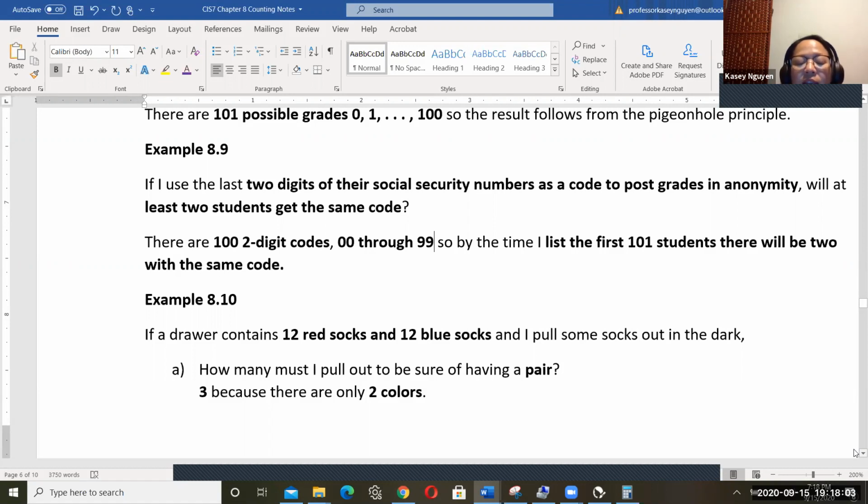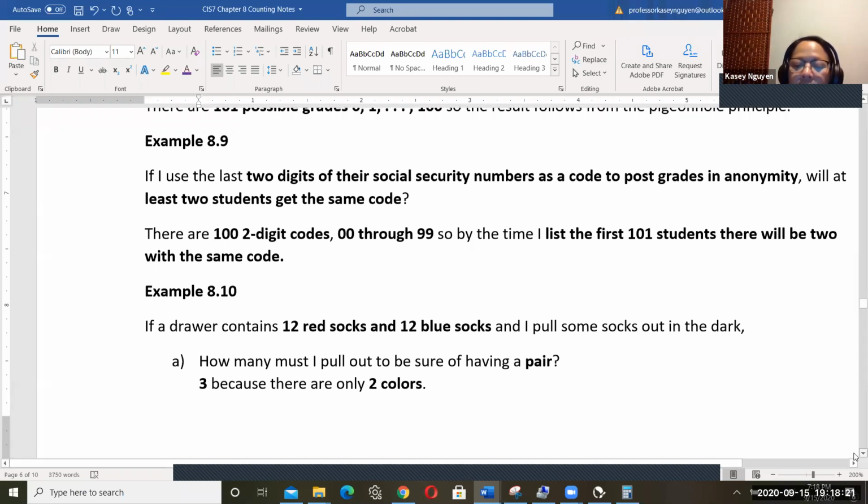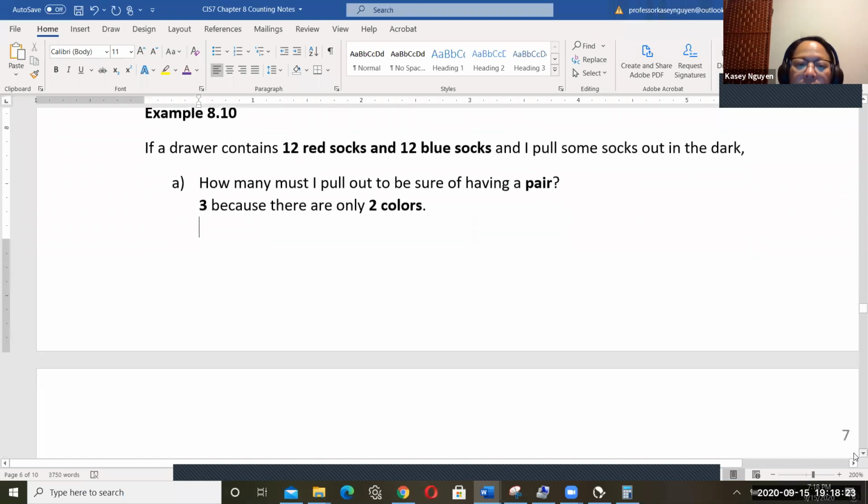Well, the answer here is 3 because there are 2 colors. So you have to pull at least 3 socks from the drawer to get a matching color, because a pair is 2 socks, based on Pigeonhole.